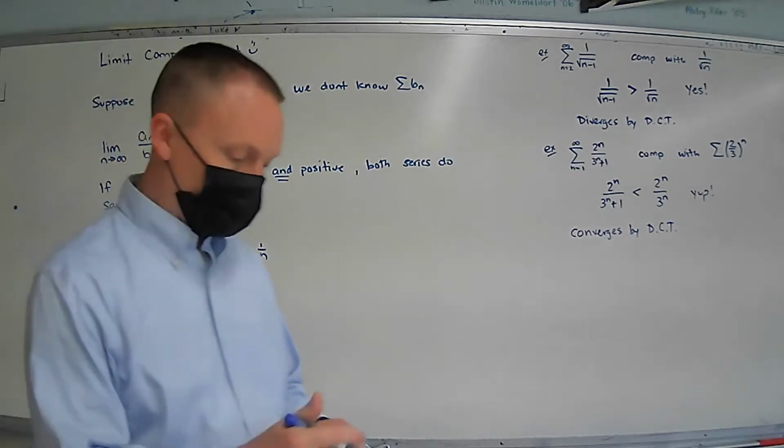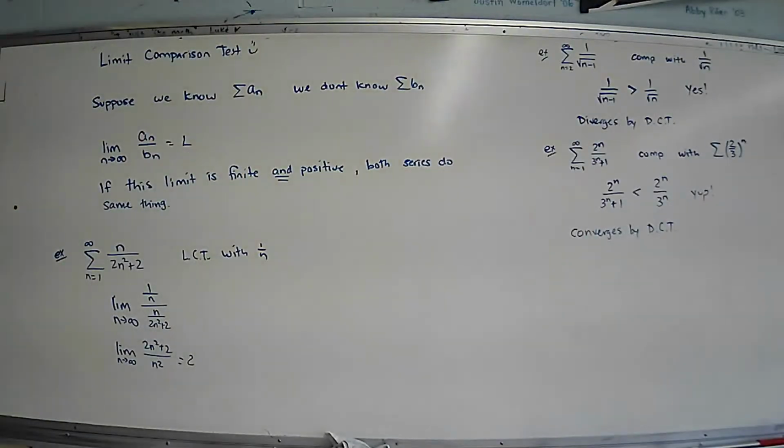I've preached on this several times, but it's really important that we know why we're taking the limit, what limit we're taking, what the answer means, and the conclusion that we can draw. In this particular case, what conclusion can we draw from that limit being 2?